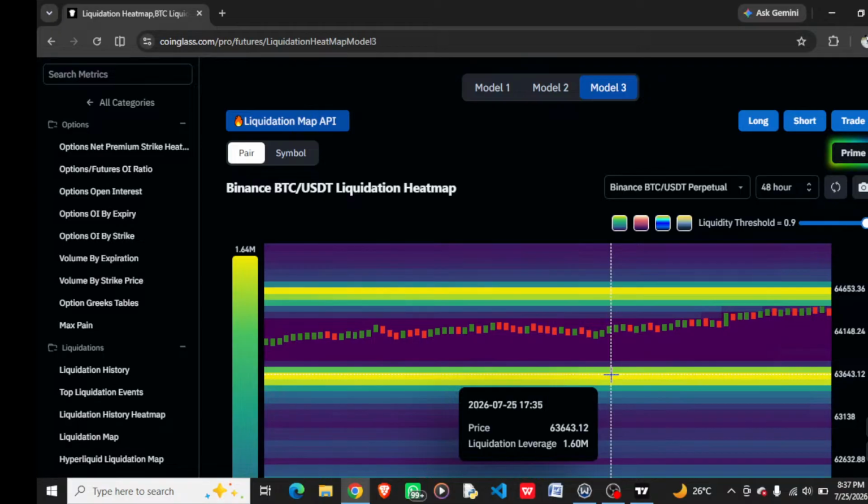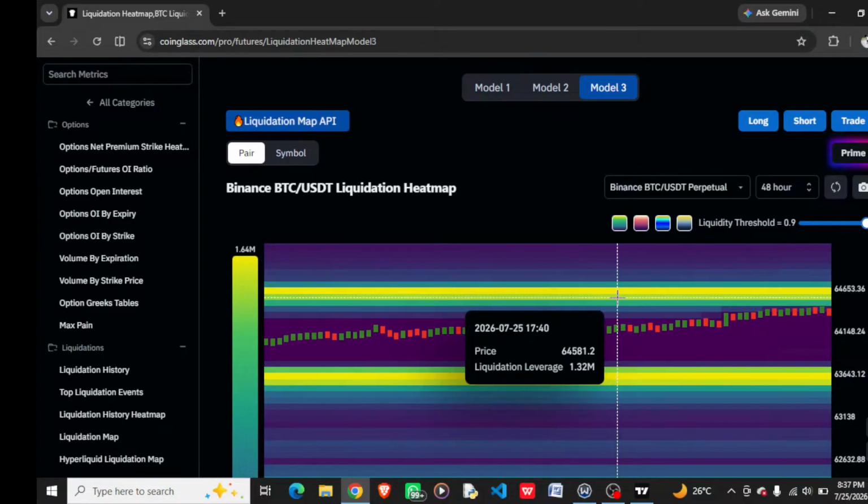The first liquidity there, you can see that the yellow, this one is a faint yellow, like it's not a real yellow. The liquidation there is 1.32 million US dollars. That is when Bitcoin gets to $64,653, it will liquidate $1.62 million.